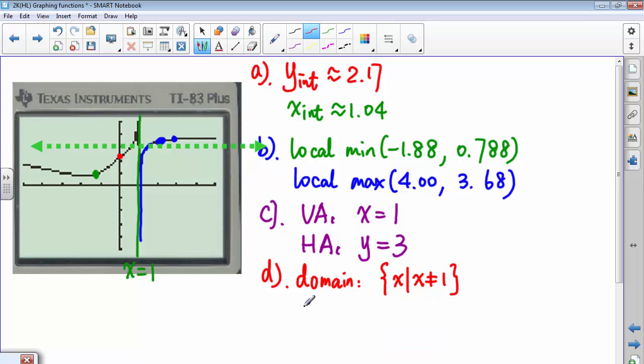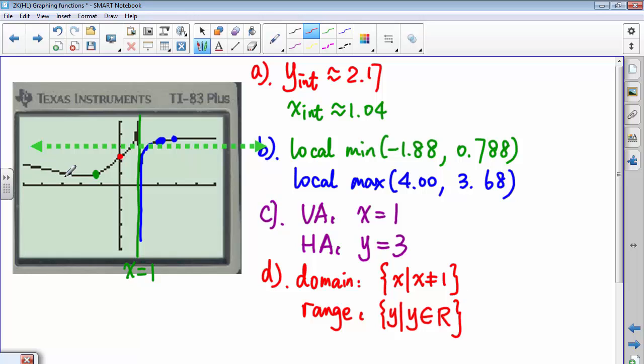And the range, if you look at this graph, you will see the y value can go up infinitely. And here, the blue part can go down forever. So the range will be, y can be all real numbers.